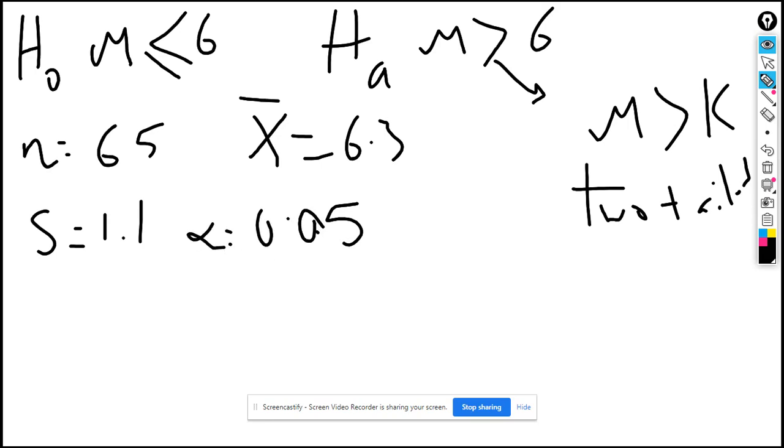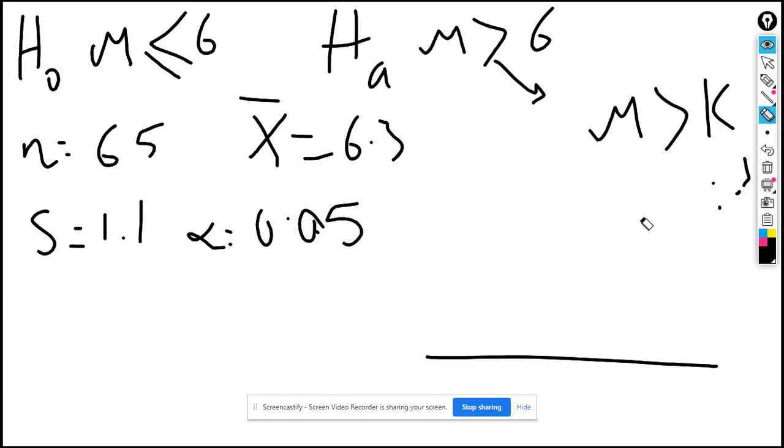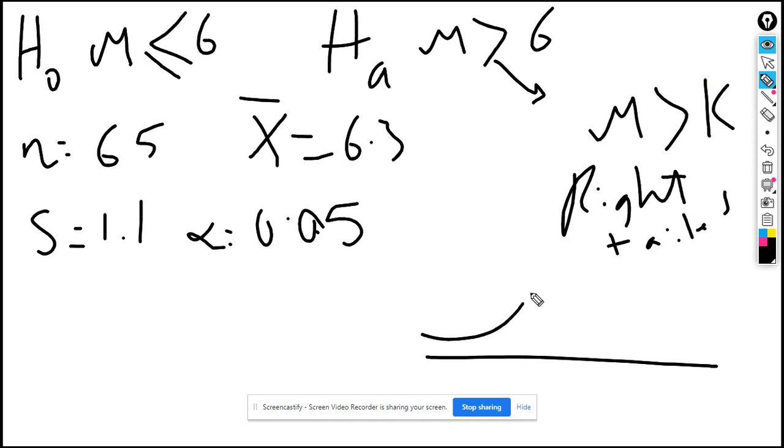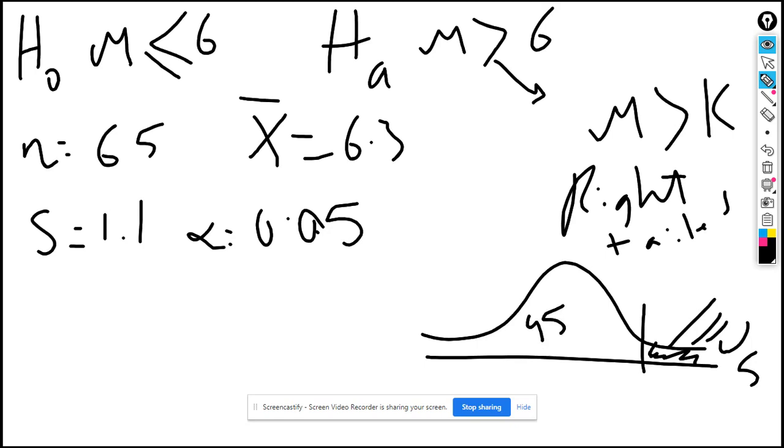That's the alpha region. Sorry, it's not two tilde. Mu is more than, so it's right tilde. So when I do the graph, the critical region is all the way to the right. So that's 5%, and that's 95%.